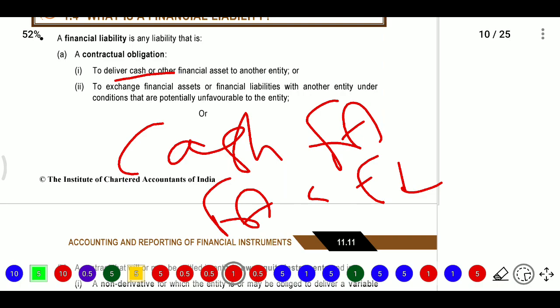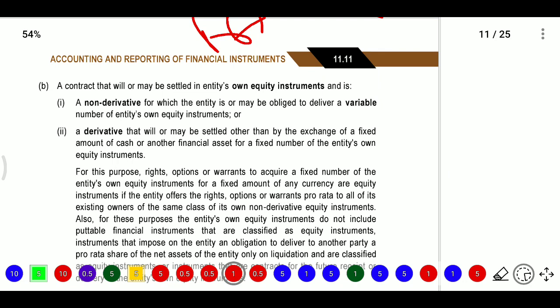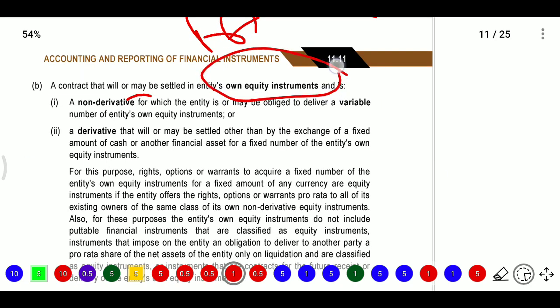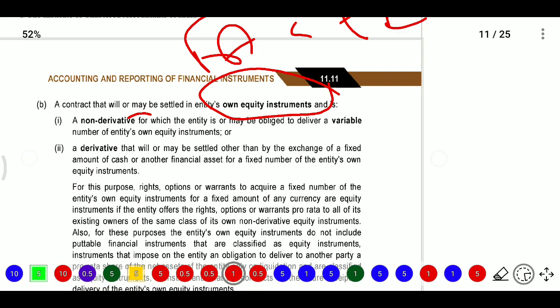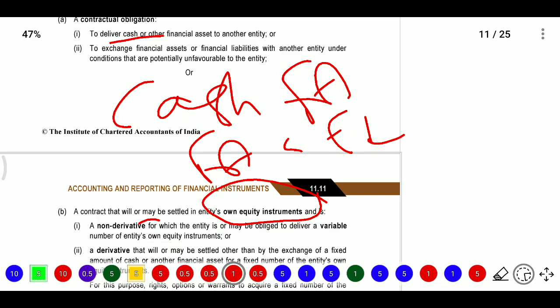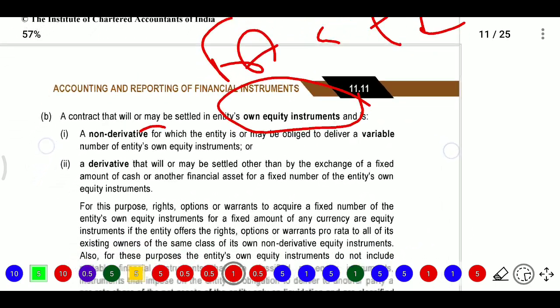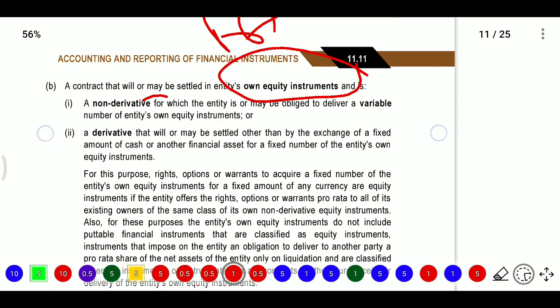It will become a contractual obligation. Or we can say a contract that will or may be settled in the entity's own equity instruments, where it has the obligation of paying by its own equity instruments, then it will become a financial liability.